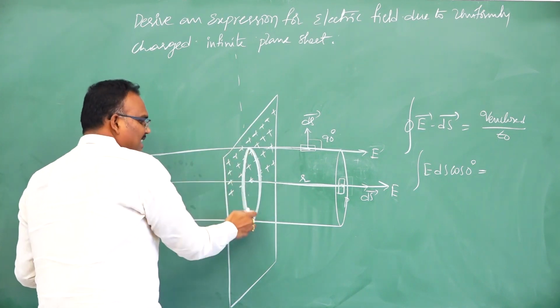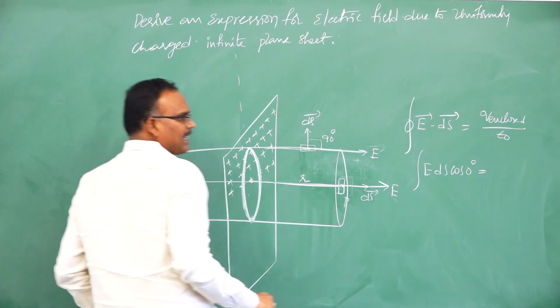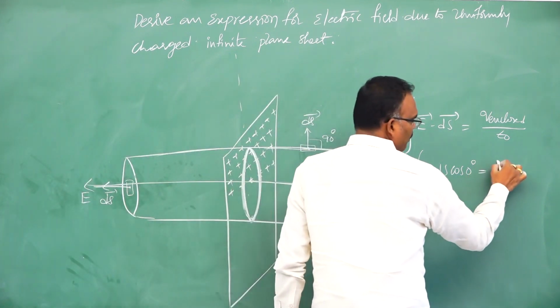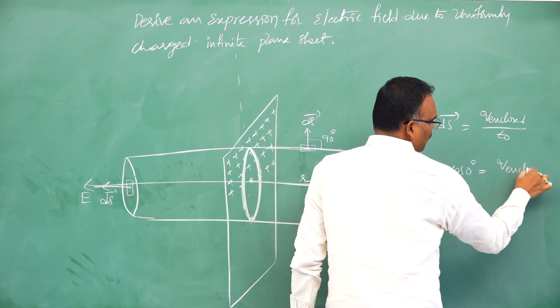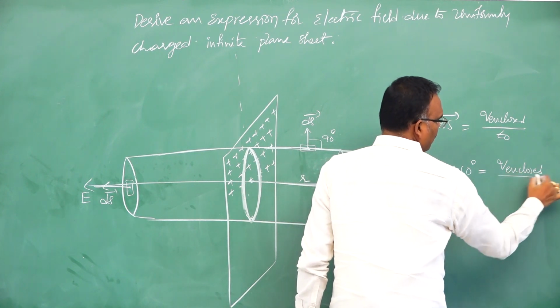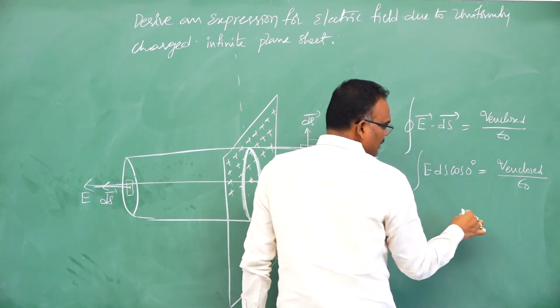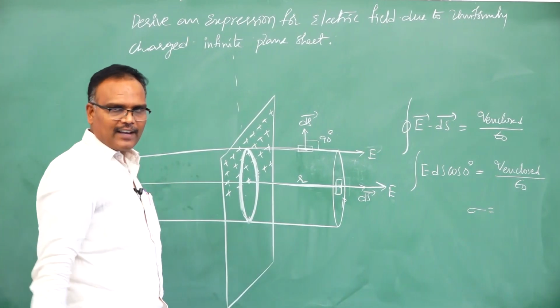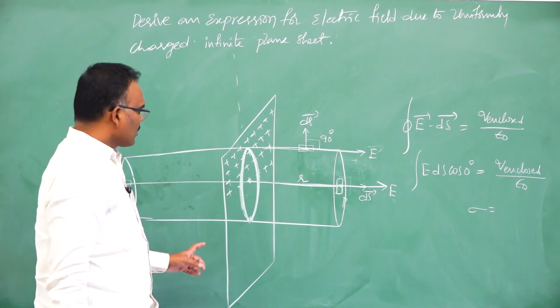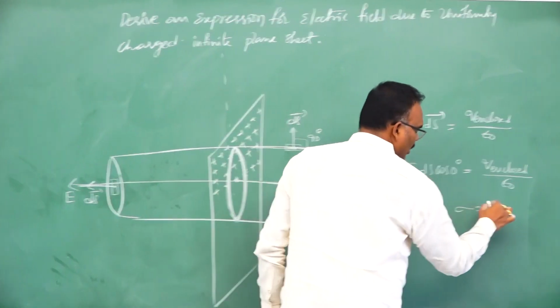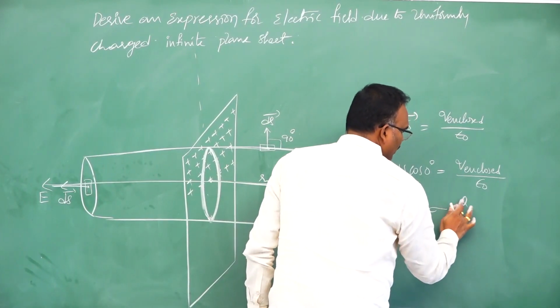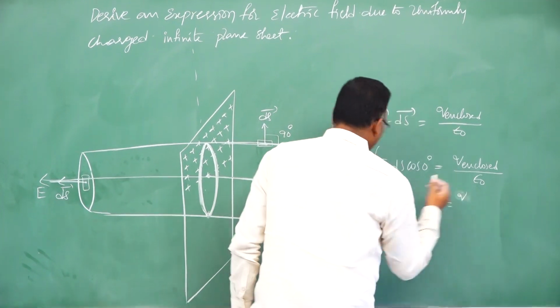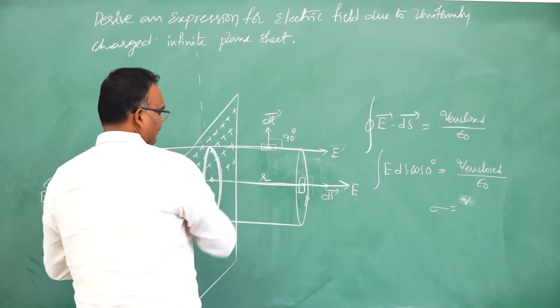That means I have to calculate the surface charge density. Charge enclosed can be calculated by using the concept of surface charge density. So sigma is equal to Q over area. You want the charge lying on this area.